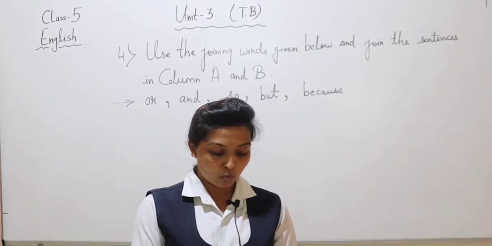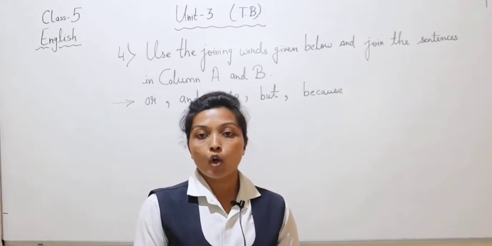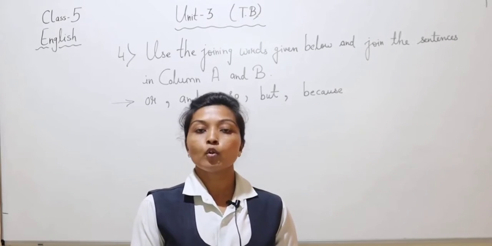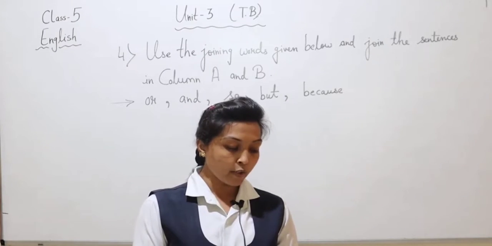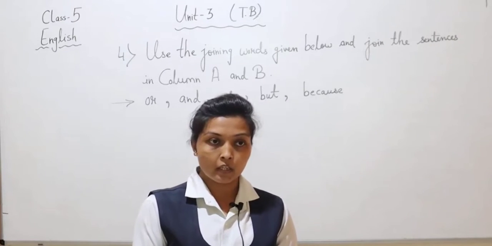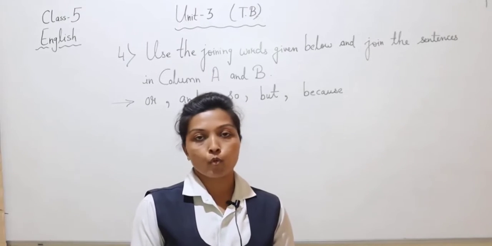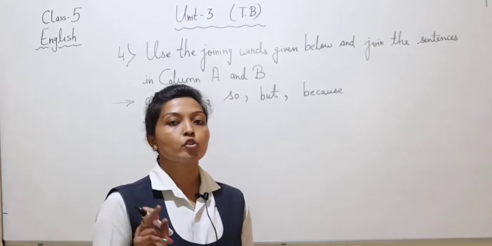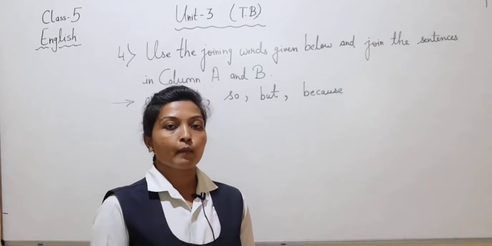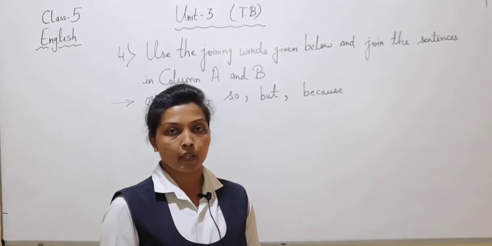Then after 5, he missed the school bus, so he was late to school. And the last one, I wrote the letter, but I forgot to post it. So now, by using these joining words, I am going to write down those sentences in the given space.